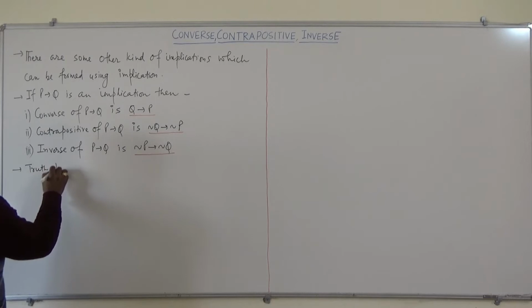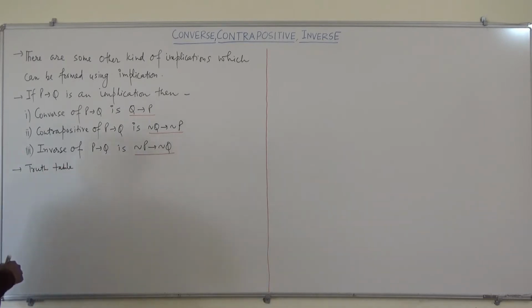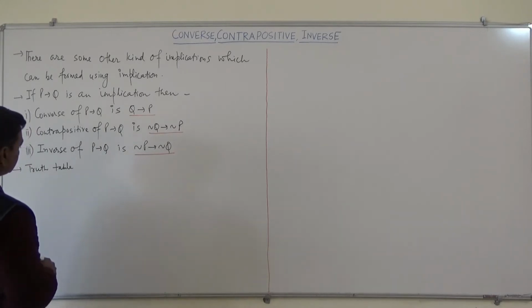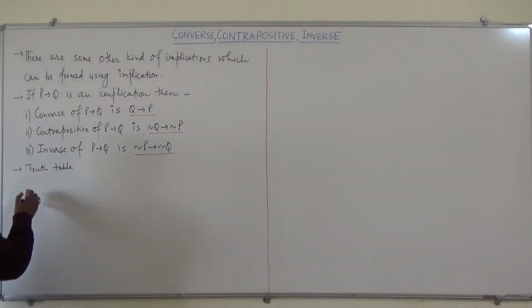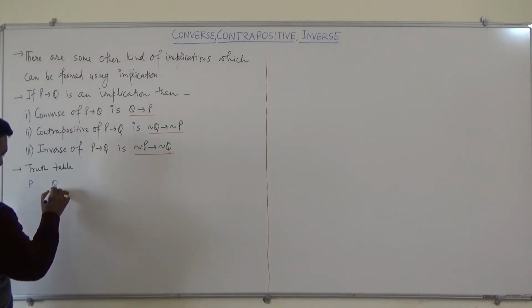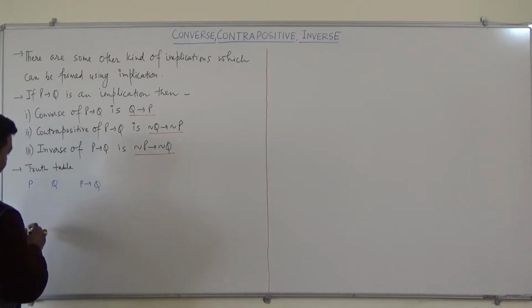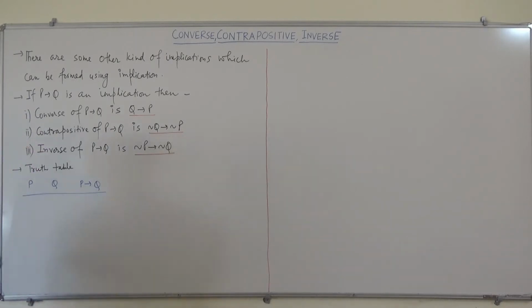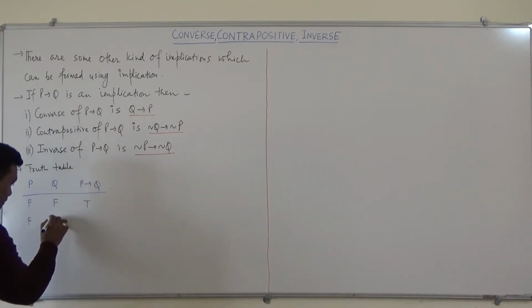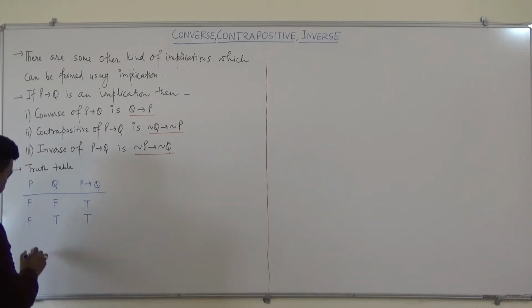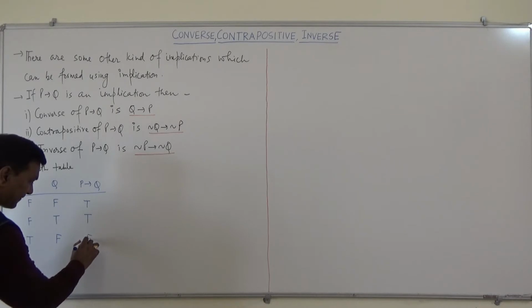Truth table. So we can take first P, then Q, then P implies Q. Say this is false, this is false, and in this condition this is true, and if it is false, it is true, again this is true, and if this is true and this is false, then this is false.